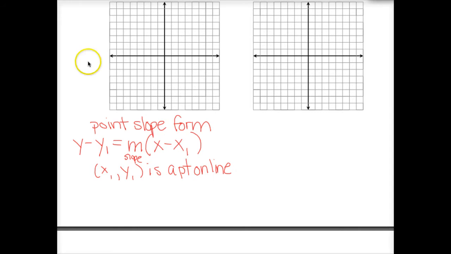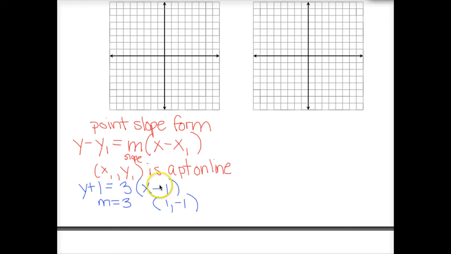All right, so if, let's say, you're given an equation in point slope form and you're asked to graph it, so let's say that I have y plus 1 equals 3 times x minus 1. If we decode what we're given here, that means that my slope is 3 and a point on my line is 1, negative 1.